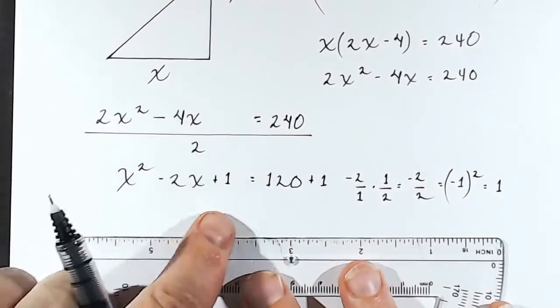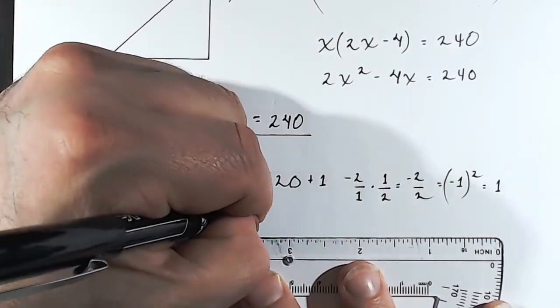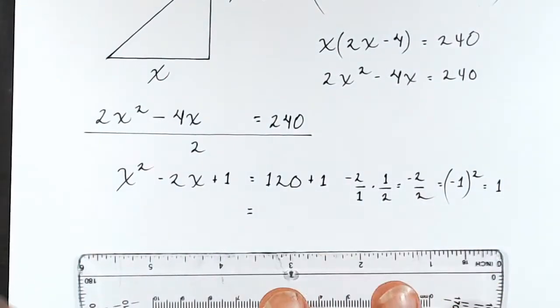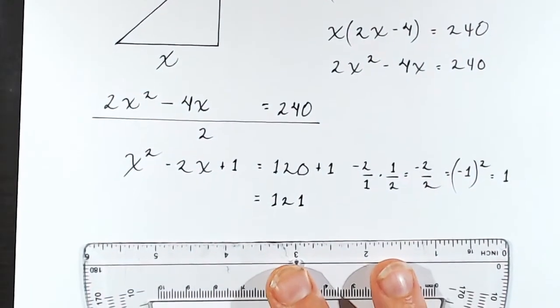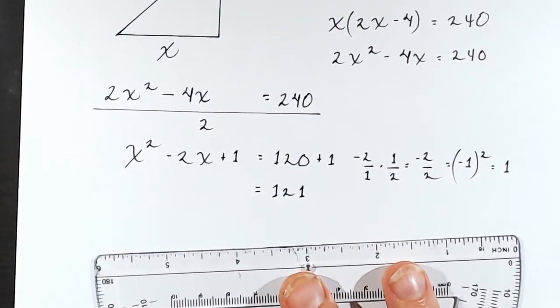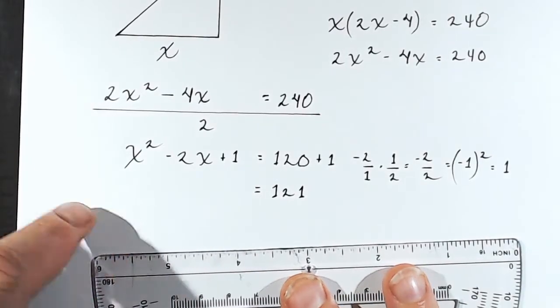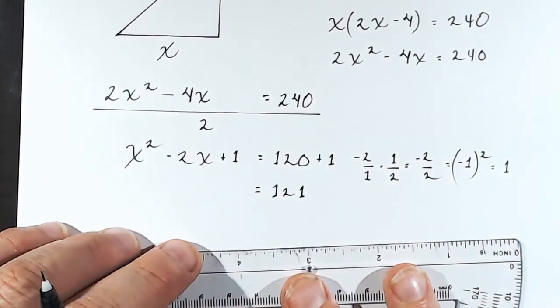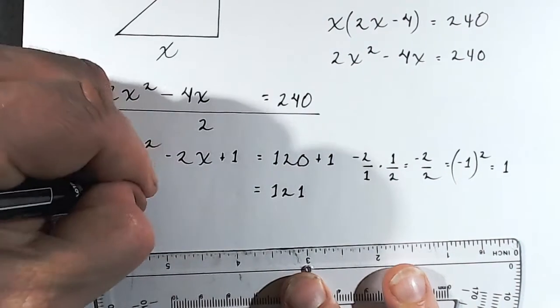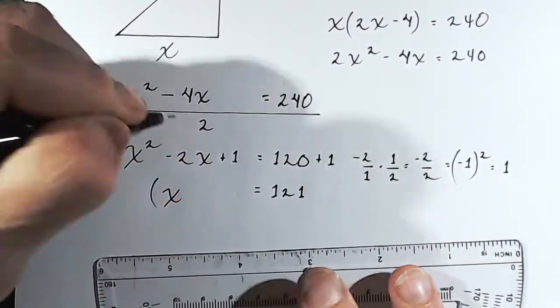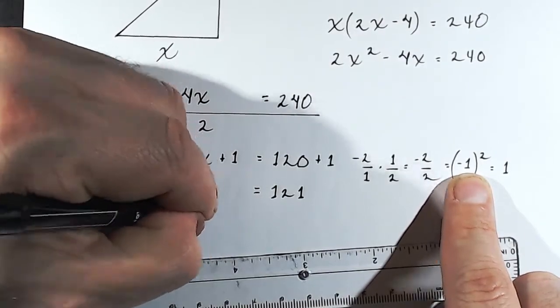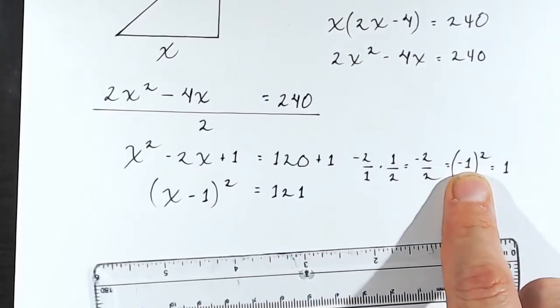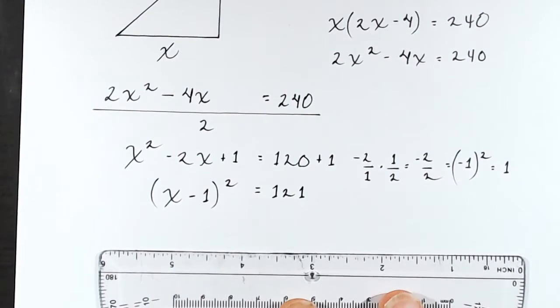On the right, 120 plus 1 is 121, which we know is 11 squared, and that'll become pertinent in a moment. On the left side, I can write this as a perfect square binomial: x minus 1 squared. That's the beauty of completing the square. I really love it.